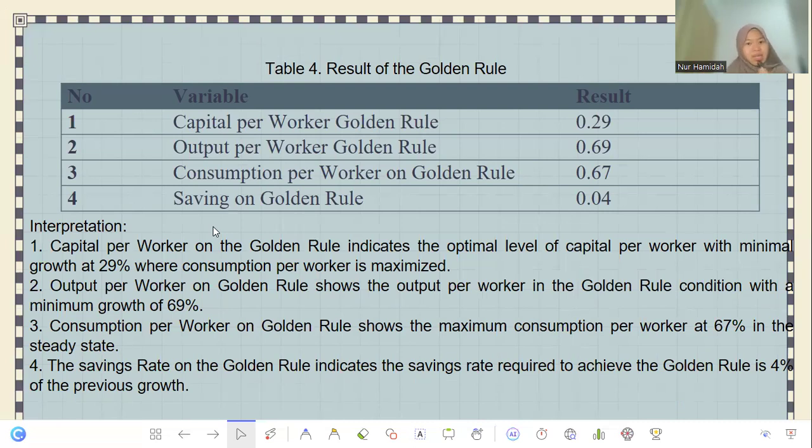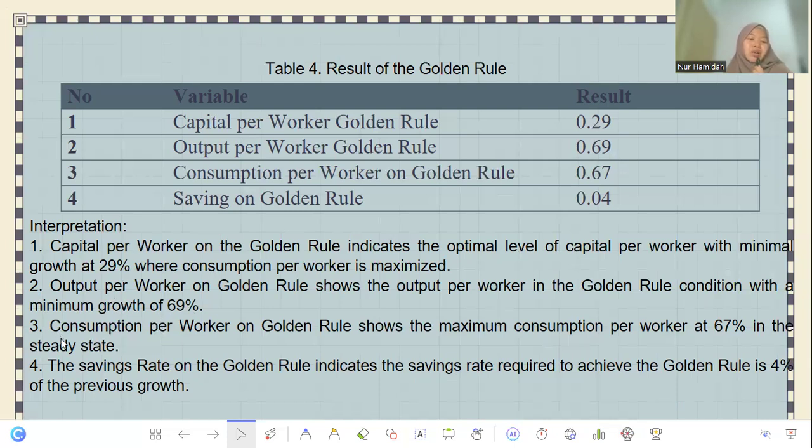For the interpretation of the golden rule results: capital per worker on the golden rule indicates the optimal level of capital per worker with minimal growth at 29%, where consumption per worker is maximized. Number two, output per worker on golden rule shows the output per worker in the golden rule condition with minimum growth of 69%.